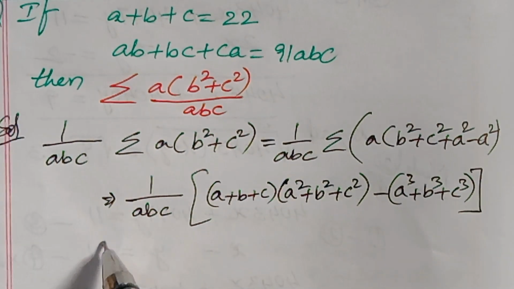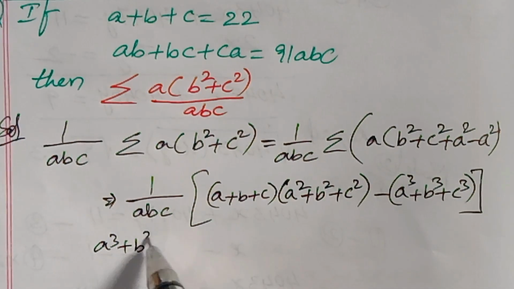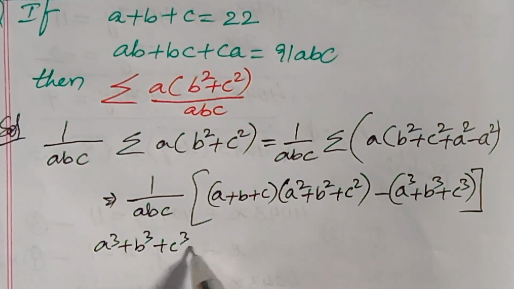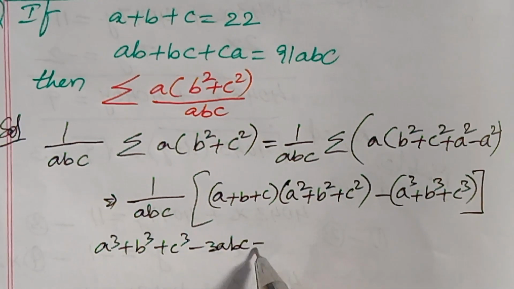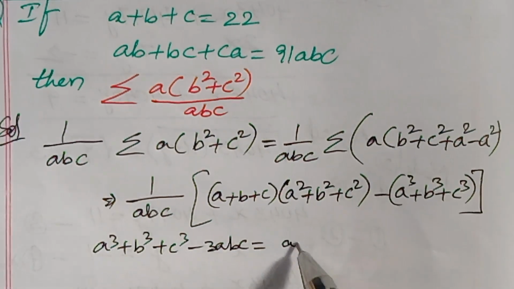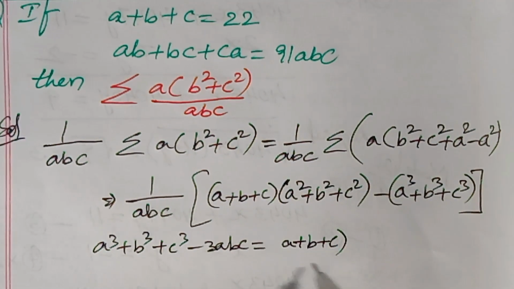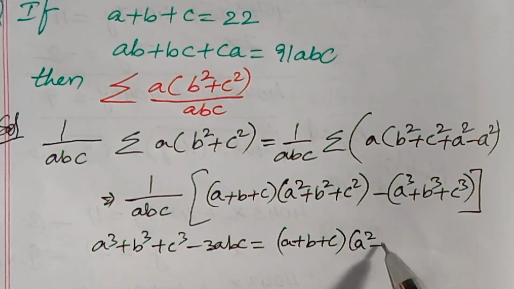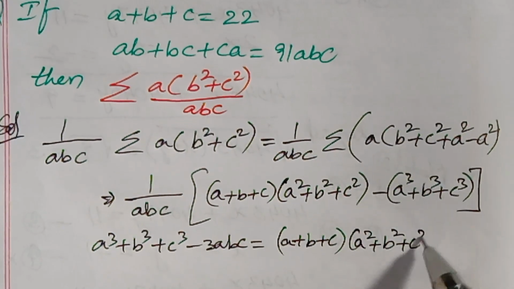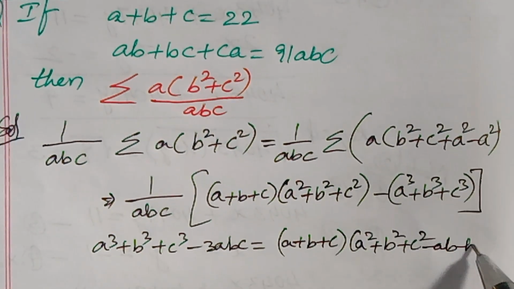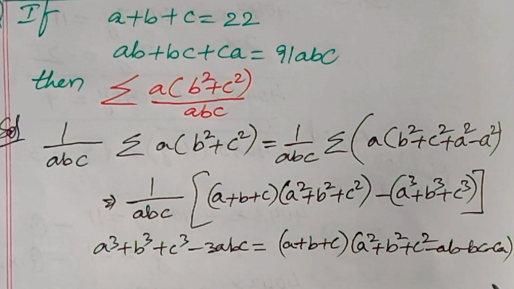So you know the formula: a cube plus b cube plus c cube minus 3abc is equal to (a plus b plus c) into (a square plus b square plus c square minus ab minus bc minus ca).